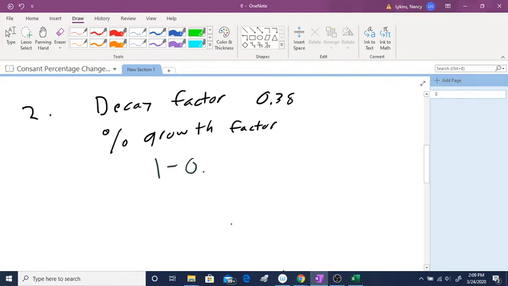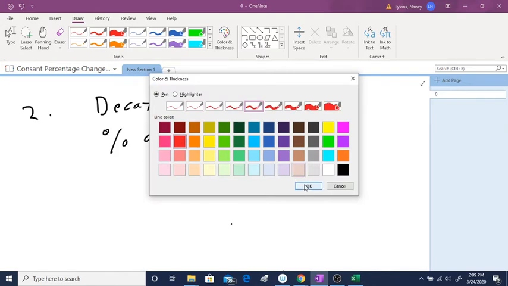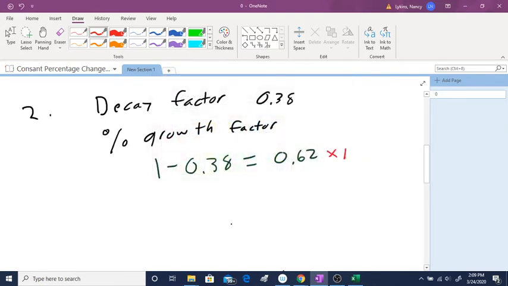So 1 subtract 0.38, in this case, you get 0.62. Now, since this is actually a percentage, we need to multiply by 100%. In this case, we get 62%.